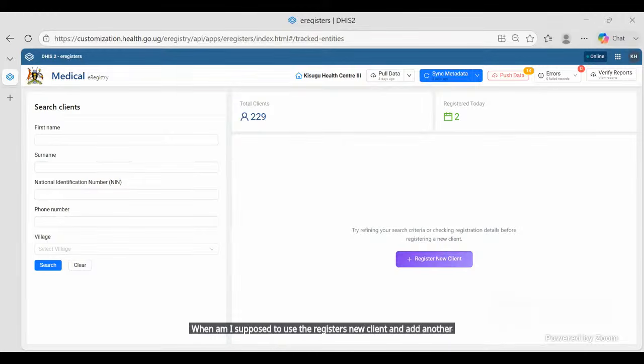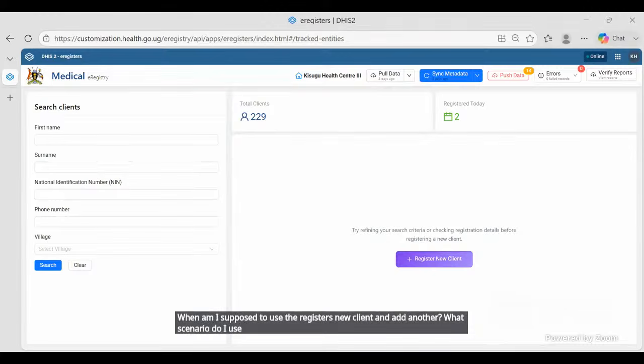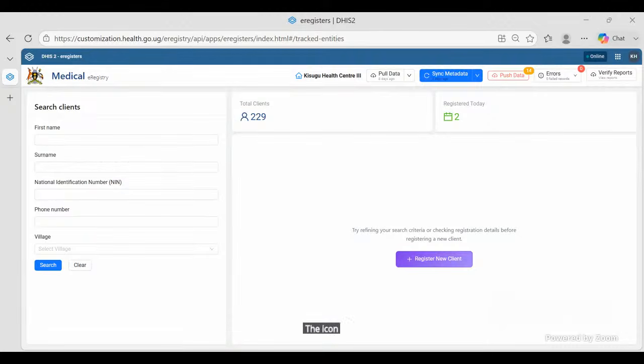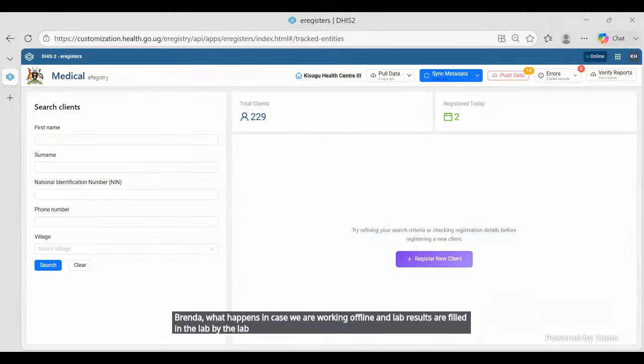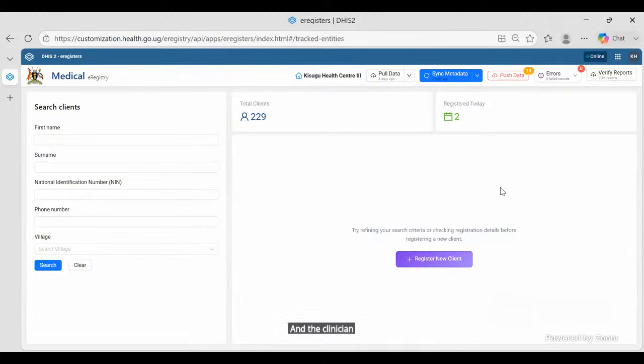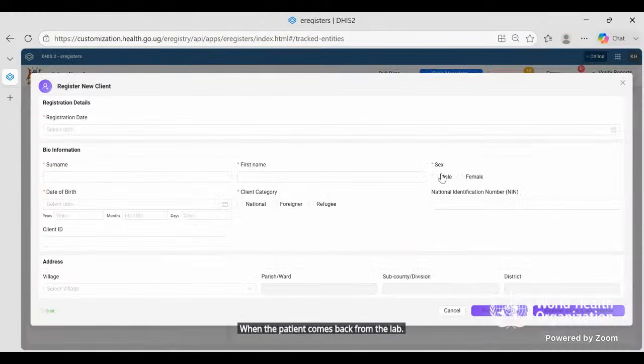What scenario do I use? And then we have Brenda. What happens in case we are working offline and lab results are fed in by the lab personnel, and the clinician, when the patient comes back from the lab, won't see these results? John, I think you can respond to those three, and then we'll try again picking people that will speak to us.